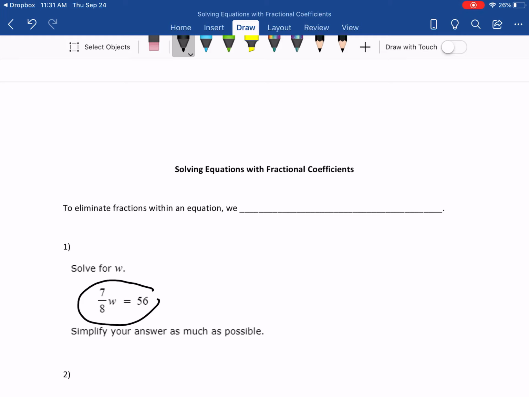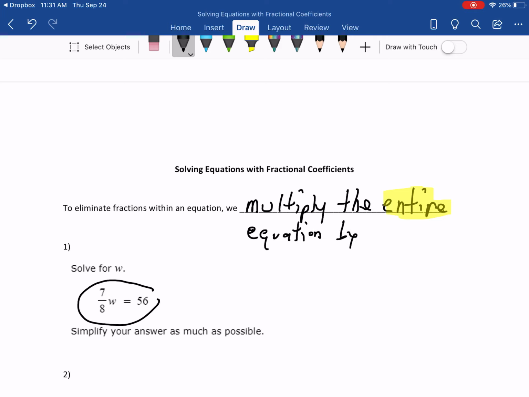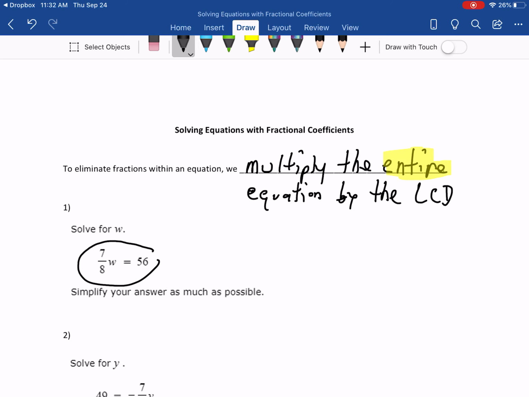So in order to eliminate fractions within an equation, we multiply the entire, very important, I'm going to highlight that word, equation by the LCD. Okay, let's take a look at how that works.